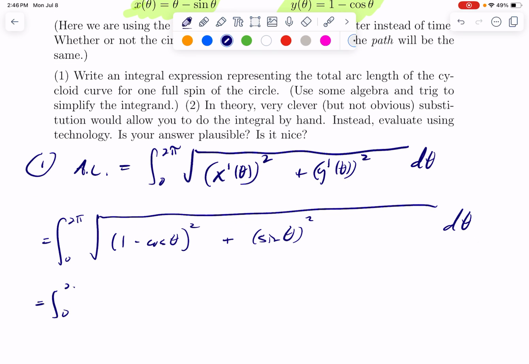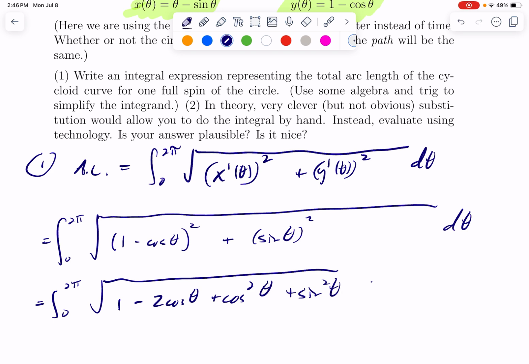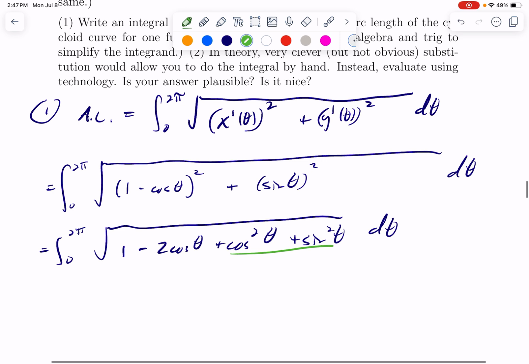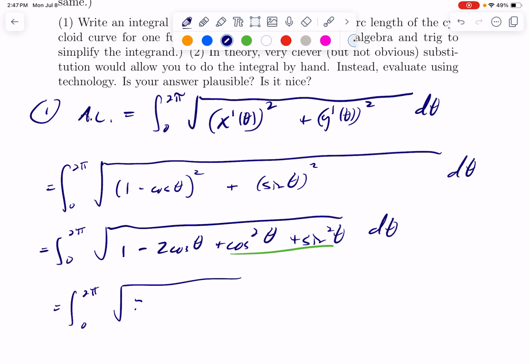If we FOIL this out, we get 1 minus 2 cosine theta plus cosine squared theta. And then here we have sine squared theta. So as before, that trig identity will be helpful. The thing I've underlined is always equal to 1. So we're actually integrating 2 minus 2 cosine theta.